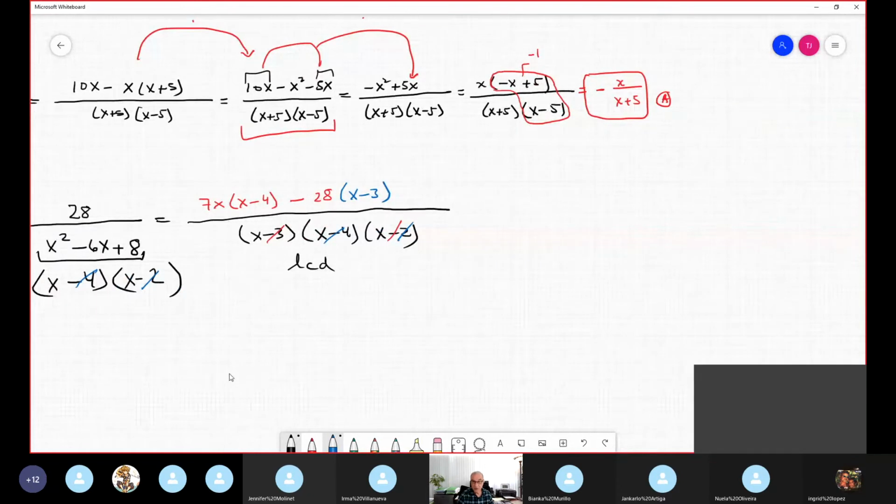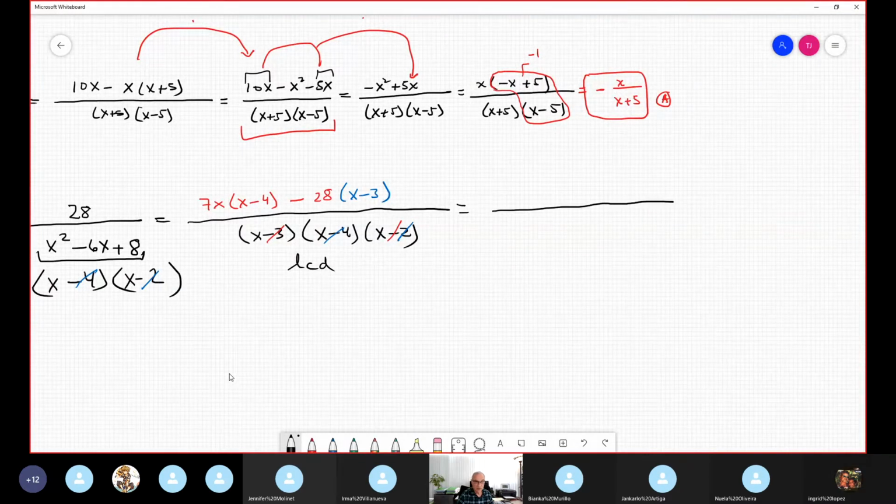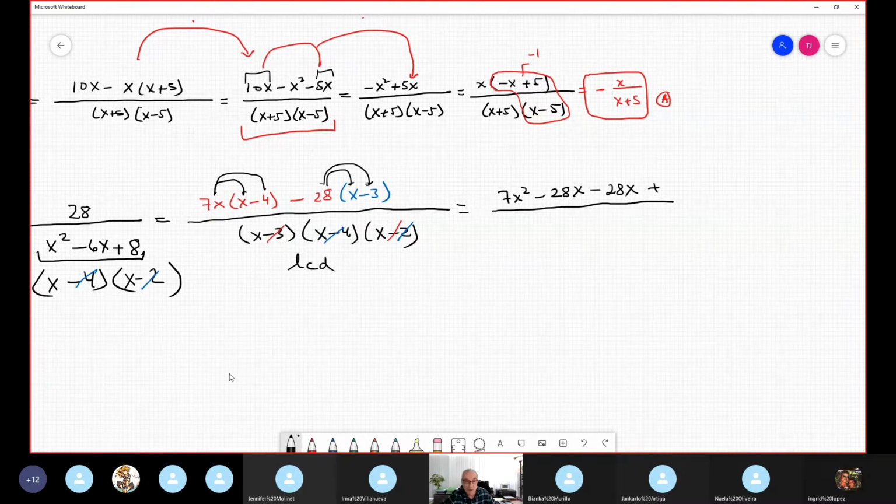The rest, I suppose, is no big deal. You apply the distributive property. It's 7x squared minus 28x minus 28x again, plus, I put in my calculator, 28 times 3, 84.